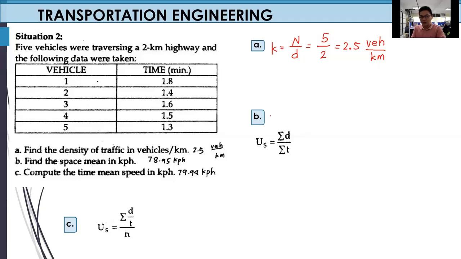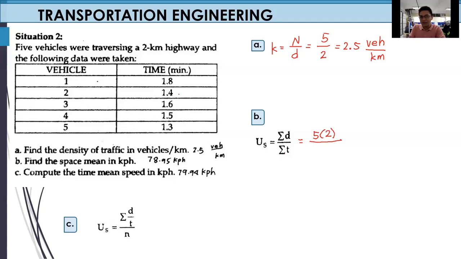So how about this one for letter B? Find the space mean speed in kilometer per hour. So kanina discuss natin space mean is equivalent to the summation of all distances divided by the summation of the whole time. Diba? So therefore here, no, constant yung distances nila ng 5 vehicles, which is 2 kilometers. So therefore, that would be 5 multiplied by 2 kilometers, divided by our time.